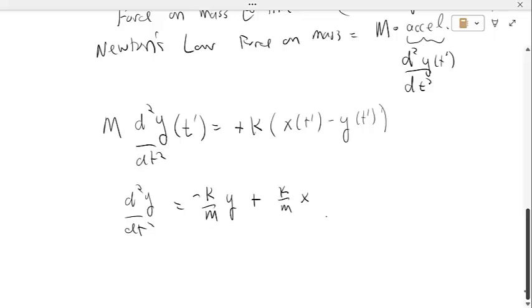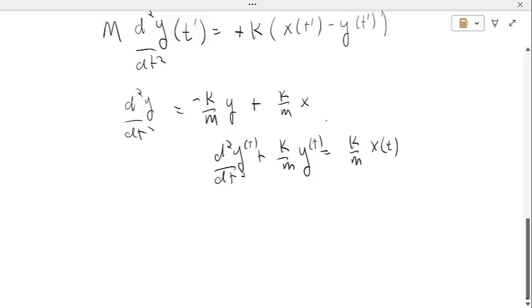Okay, or you can write that as d squared y dt squared plus k over m y equals k over m x. Now remember, these are all functions of t, or t prime, however you want to do it. I think I'm going to go back to t. Okay. All right. So I think that's actually the answer to part A. All right. So I did part A for you.